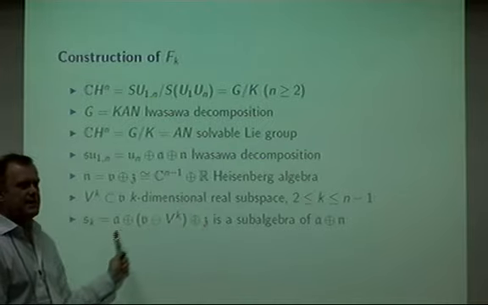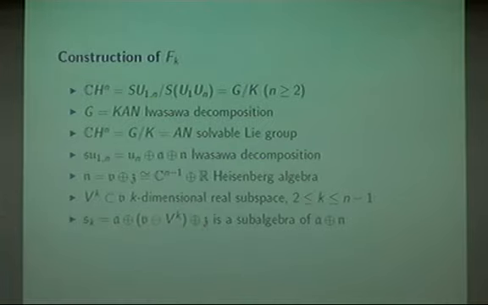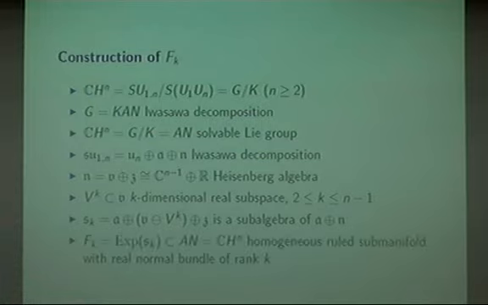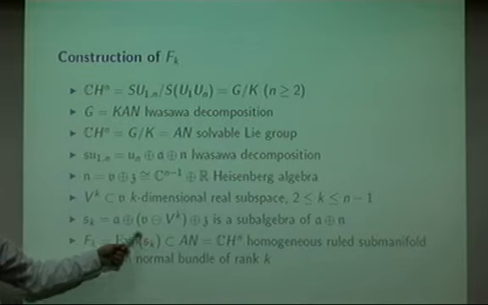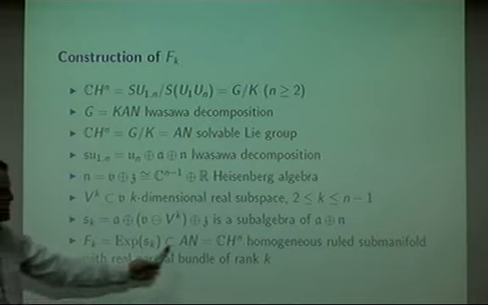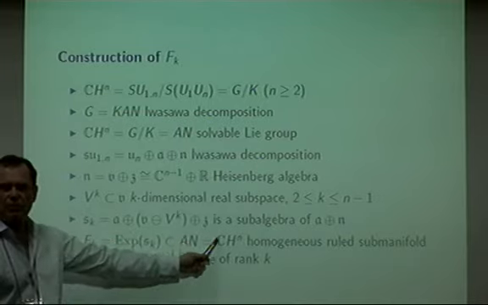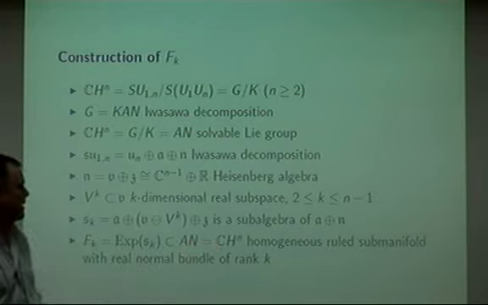Now, since this is a subalgebra, we can exponentiate, and we get a corresponding subgroup, and we look at the orbit of this subgroup through the origin, and what we get is a submanifold in complex hyperbolic space.